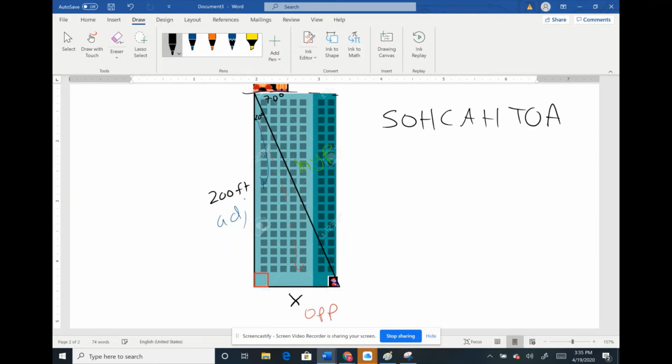Okay. I have the adjacent. I want to solve for the opposite. That would mean I'm going to use tangent. So tangent of 20 degrees equals opposite, which is x, over adjacent 200. Okay, I go to my calculator and figure out what tangent of 20 is. Okay, so let's go to calculator.